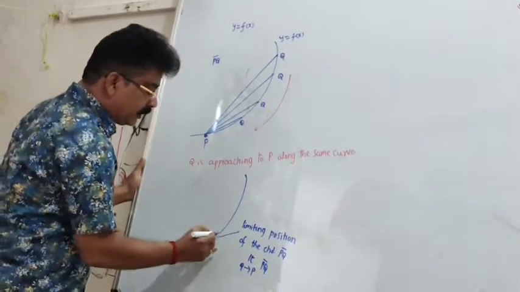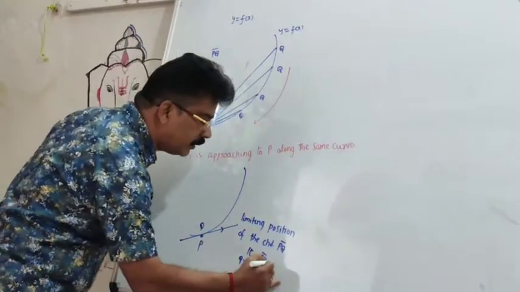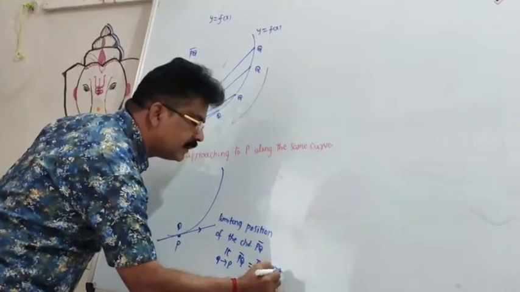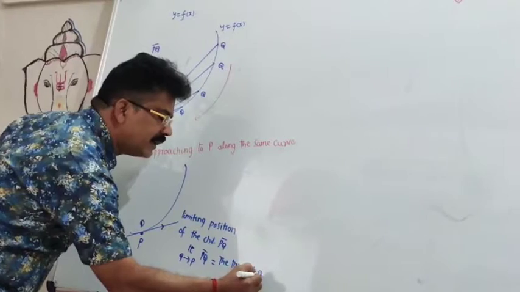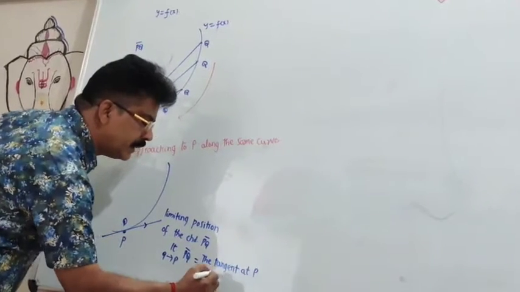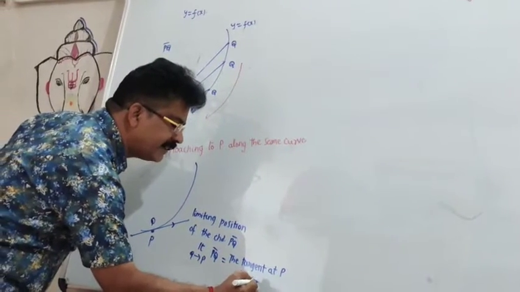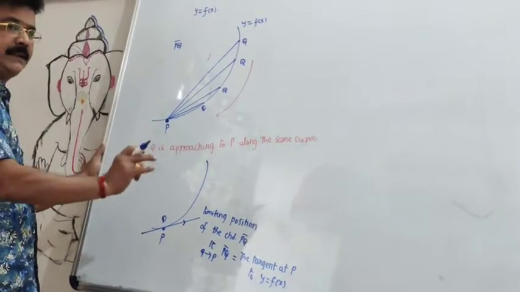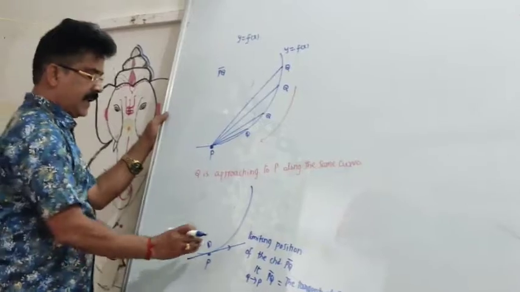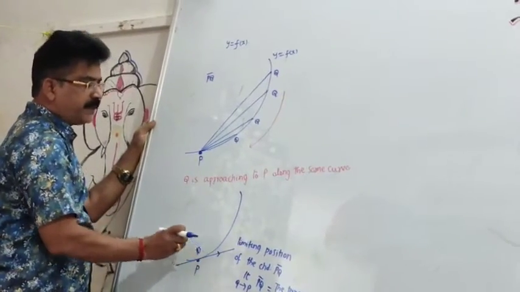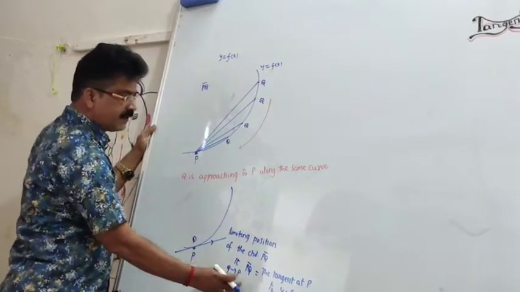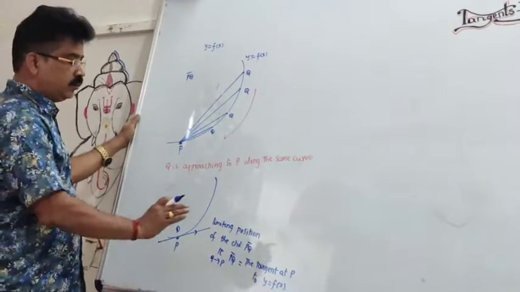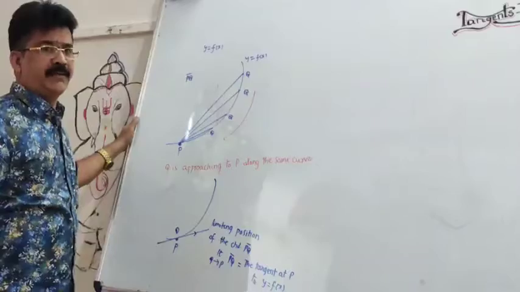So this is called the tangent at capital P to the curve y is equal to f of x. This is the right definition. As Q approaches capital P, the limiting position of the chord becomes the tangent at P to the curve y is equal to f of x.